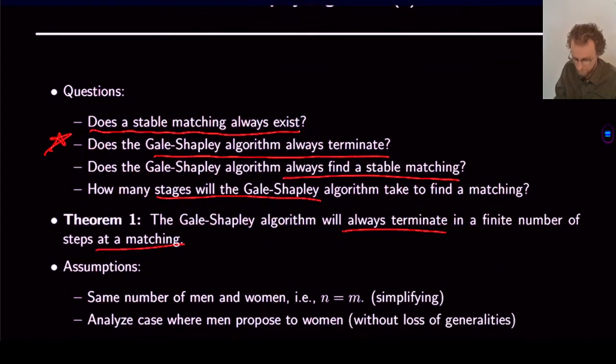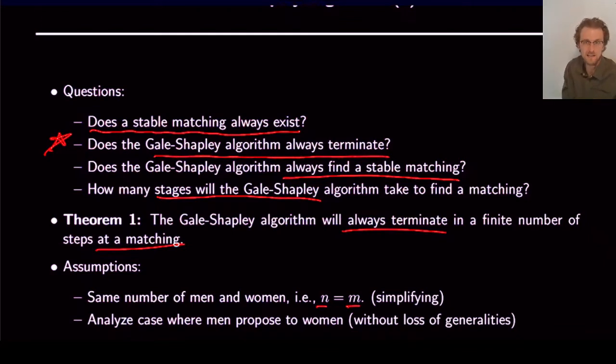So we'll make some statements just to level the playing field, to make sure that we know what we're talking about. We're going to assume that the number of people on the left and the number of people on the right is the same. So if I have n men and n women, n and m equal the same number. And this is without loss of generality. We can easily extend the Gale-Shapley algorithm to a scenario where there are different numbers, and you'll do that in the homework, and the homework question explains how to do it.